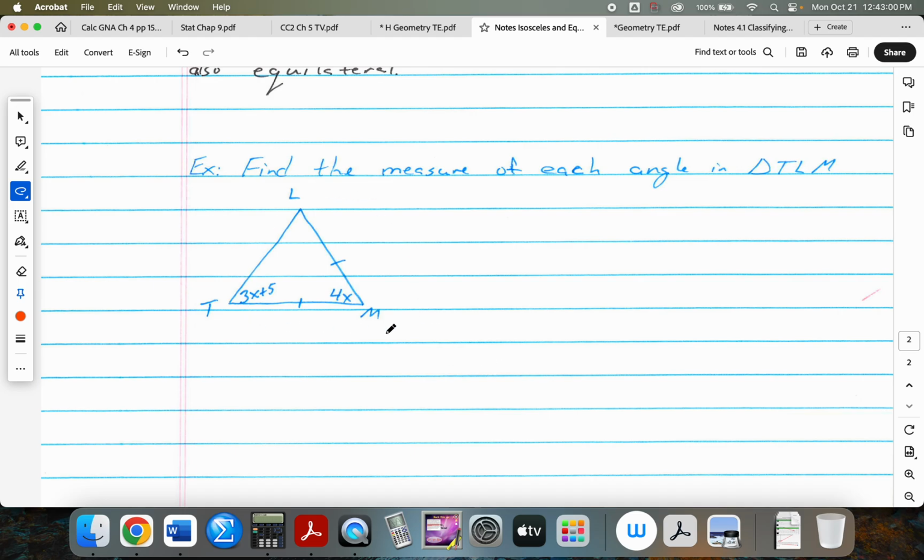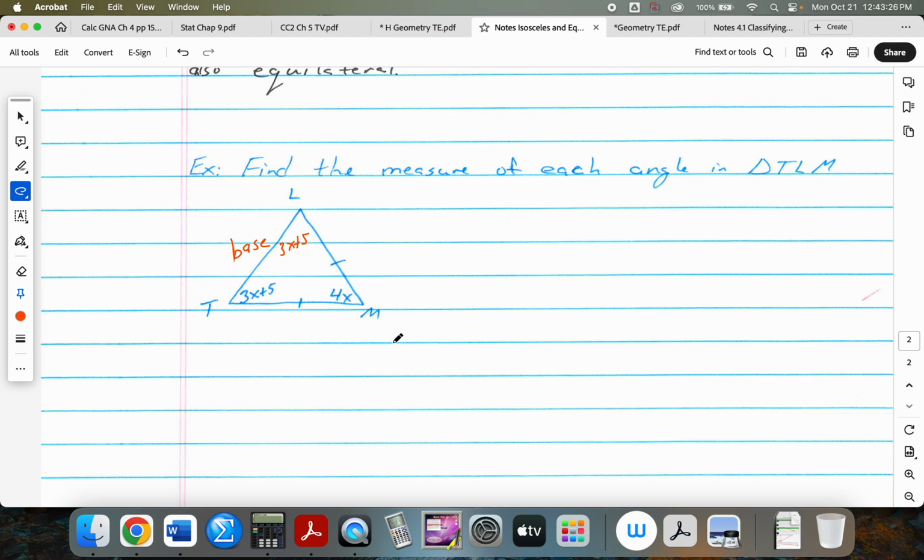All right, so this is an isosceles triangle, and this side is the base. So which two angles are the same size? Yeah, T and L. So this is 3x plus 5.